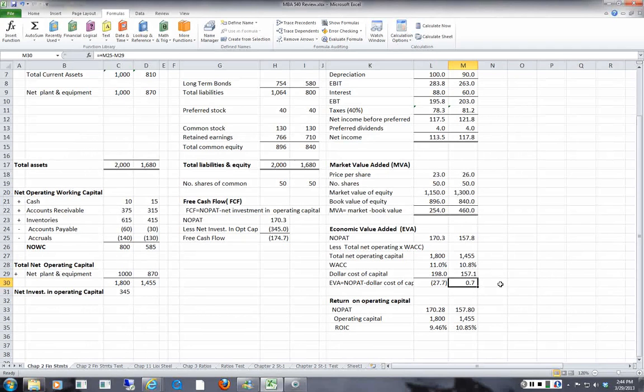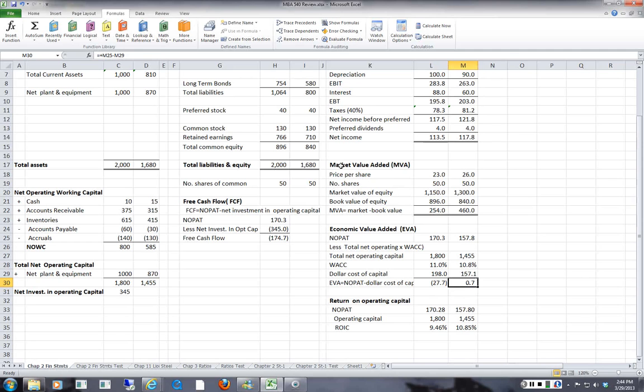Or yeah, if we say this is in millions, but I think you can get the gist of what I'm saying. So that's EVA. That's economic value added. So in 2010, the intrinsic value of the firm was devalued just a little. In 2009, the preceding year, it went up just a little, but it's about a wash.